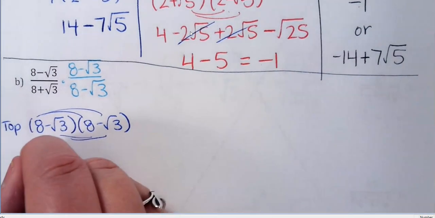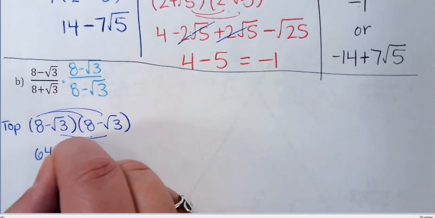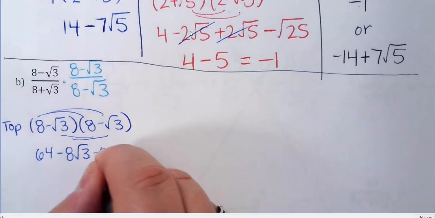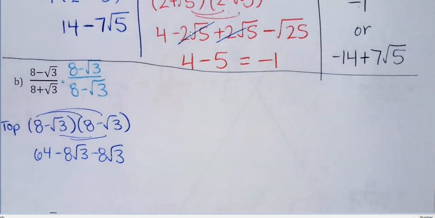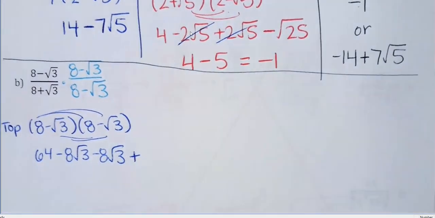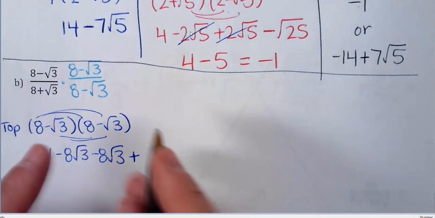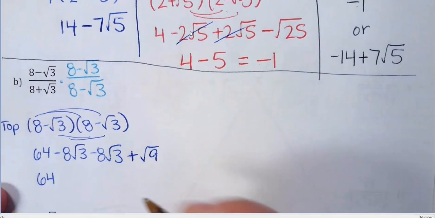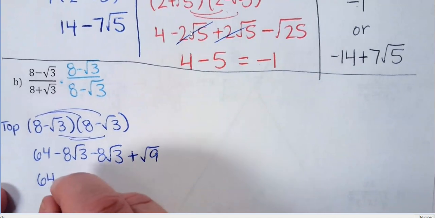You're going to get 64, you get minus 8 roots of 3, then you're going to get another minus 8 roots of 3, and I will get a perfect square on the end here. You have negative square root of 3 times another negative square root of 3, so that's actually positive, a negative times a negative. 3 times 3 gives you 9. Now, the terms in the middle here do not cancel out. That throws people off sometimes. They're both negative 8. So this would be 64, negative 8, so negative 16.